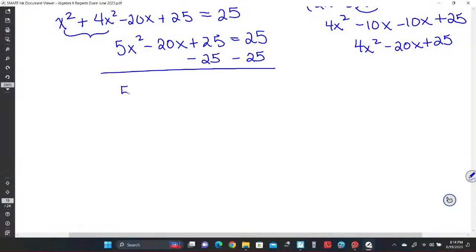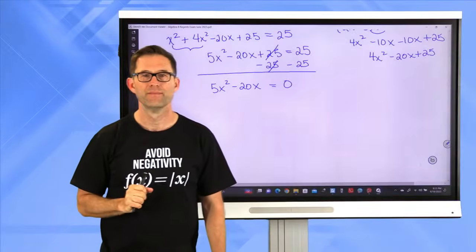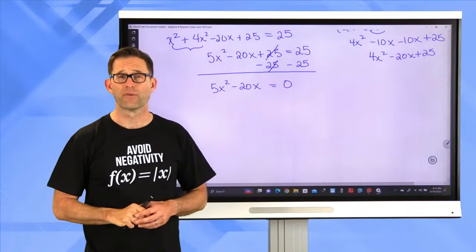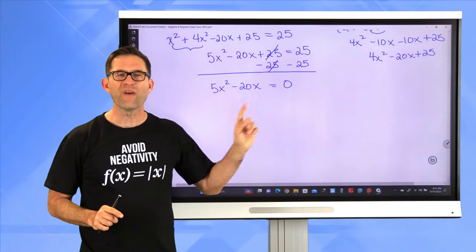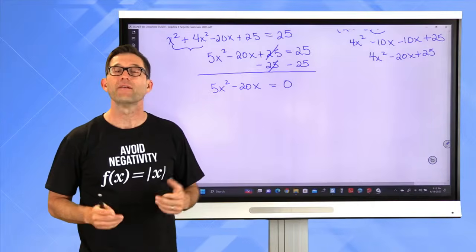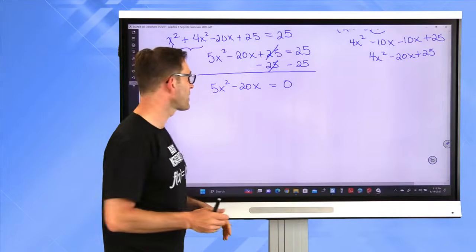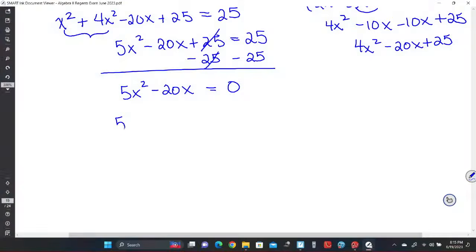And I'm going to get 5x squared minus 20x, and hey, that's kind of weird, those cancel, and I'm left with just equals 0. Now, you could use the quadratic formula on this, but that would be weird. If you can factor to solve a quadratic, factor to solve a quadratic. In other words, I can actually factor a GCF out here. I can make this into 5x times (x minus 4).